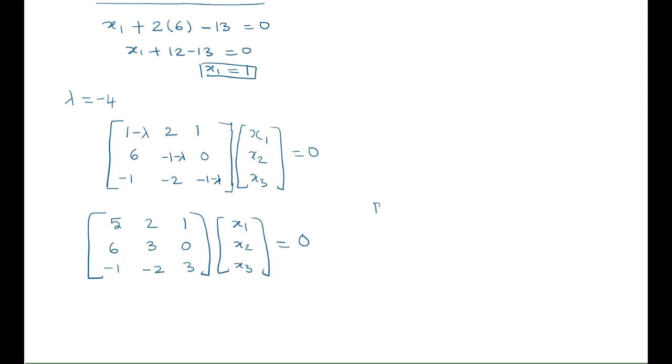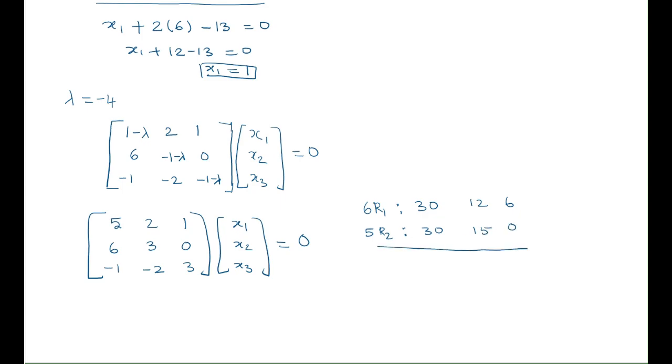So row 1, if I multiply by 6, I have 6 5s are 30, 6 2s are 12, and 6 1 is 6. Then if I multiply R2 by 5, I have 6 5s are 30, 5 3s are 15, and 5 times 0 is 0.